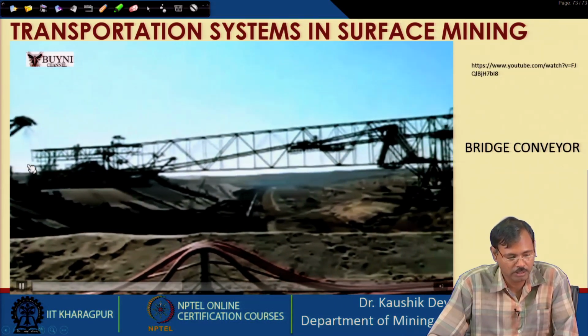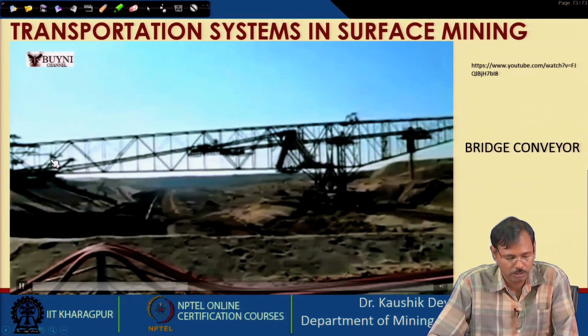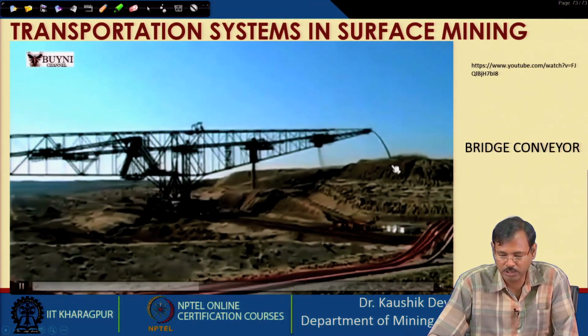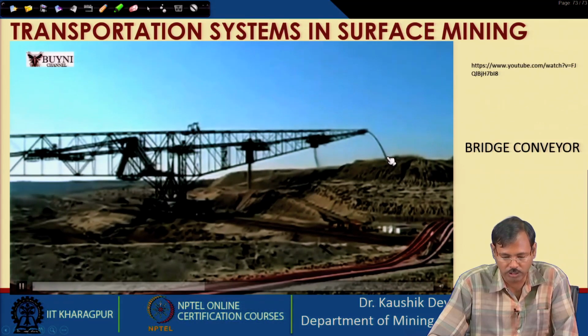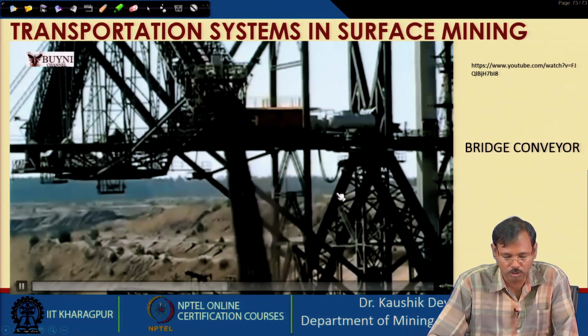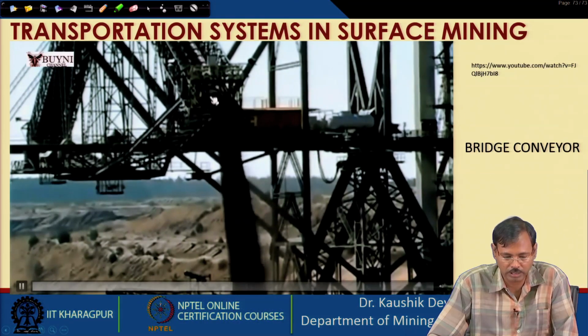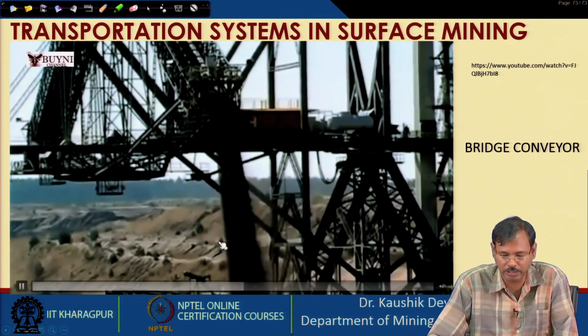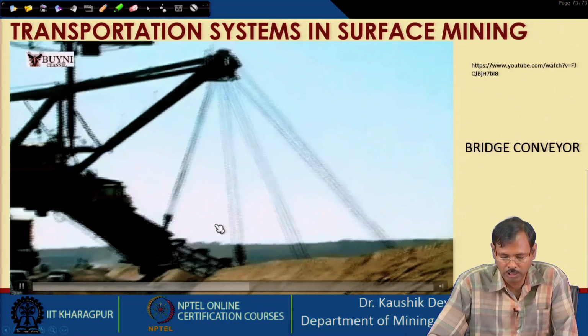Then the material is transferred through this bridge conveyor and discharged at this position. So, this is an intermittent discharging system, so that the bench can be extended on this side also.